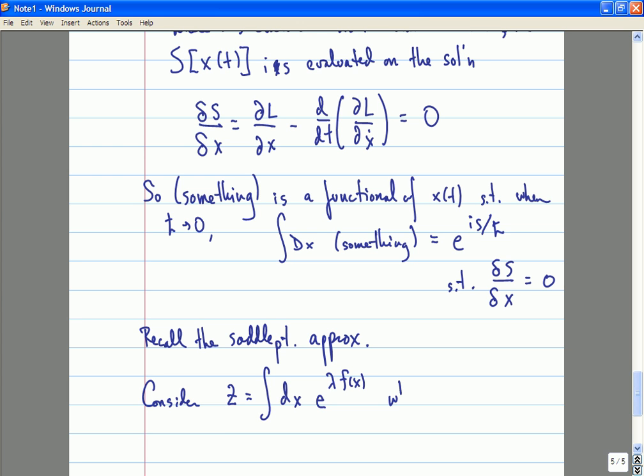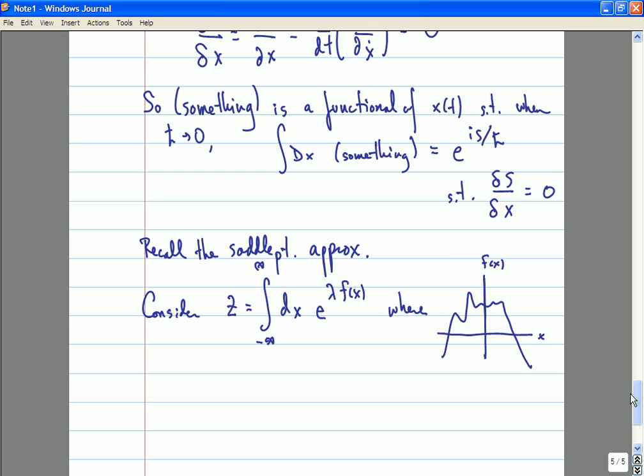So I'll just imagine that we plot f of x as a function of x. And, of course, in order for this integral to converge, when we integrate it from minus infinity to infinity, f is going to have to go to minus infinity as x goes to plus or minus infinity.